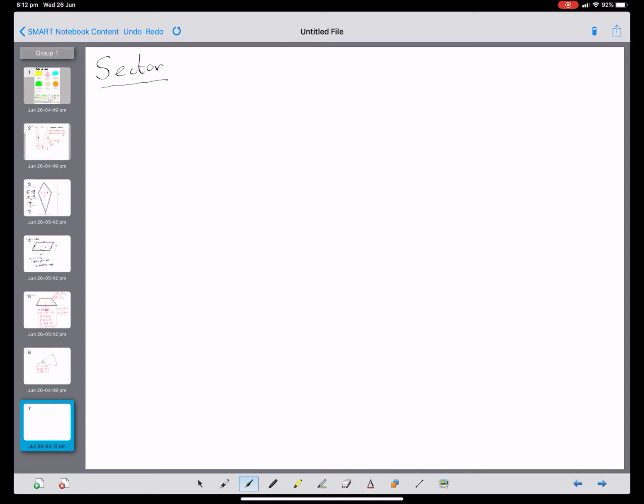Okay, so let's draw a sector. Okay, so let's turn this sector into a full circle with a radius of r.